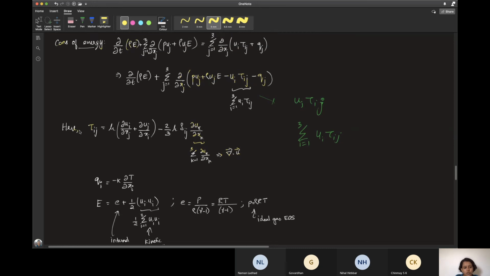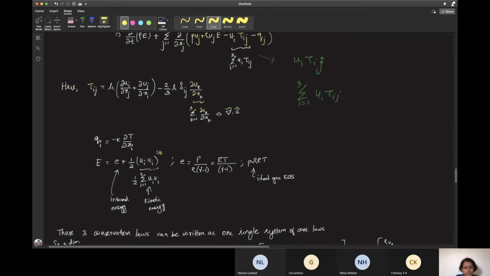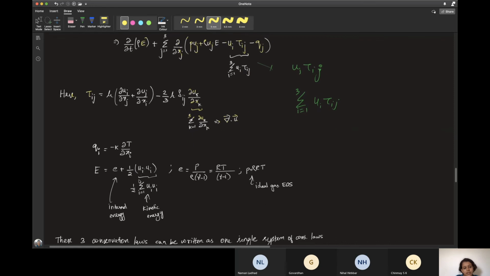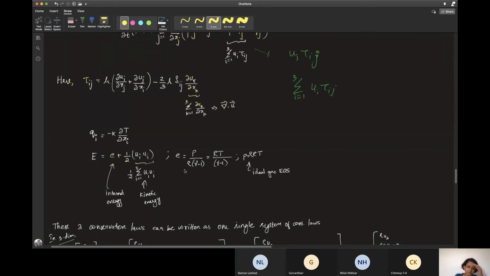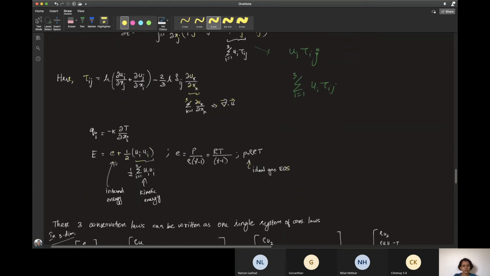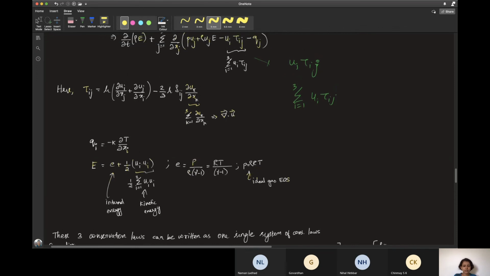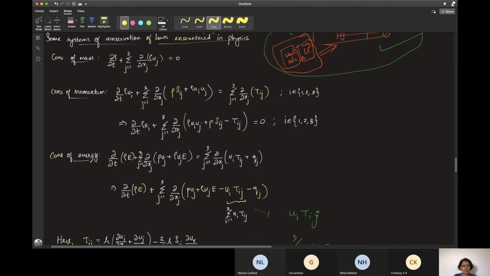So you have some constitutive equation for tau and q, where E here is written as internal energy and kinetic energy part separately. And we have used the ideal gas equation of state. So now we can substitute all of these inside each of these equations.